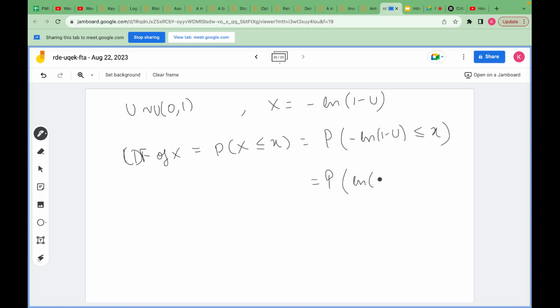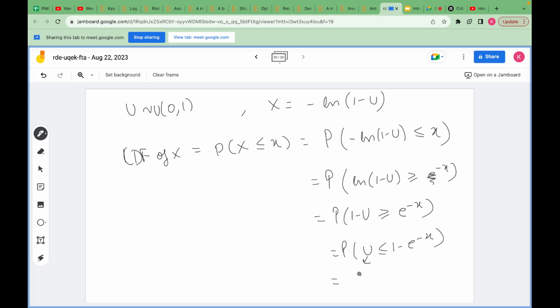This is minus ln(1 minus u) less than or equal to x, so ln(1 minus u) is greater than or equal to minus x. Probability that 1 minus u is greater than or equal to e to the power minus x, so probability that u is less than or equal to 1 minus e to the power minus x.